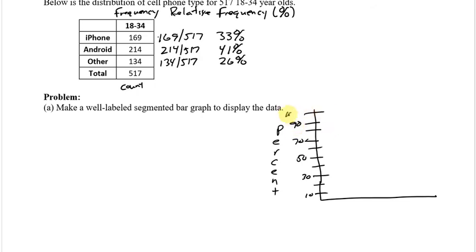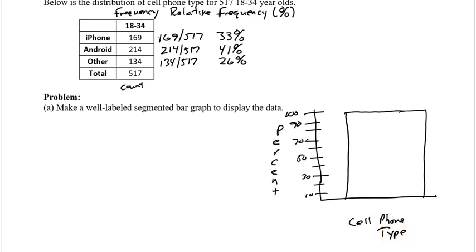This time we make one big bar graph, and it goes all the way to 100%. And it's one bar, and each little spot is going to get its own segment. That's why it's called a segmented bar graph. So first of all, we have to have our label on the bottom here. This would be cell phone type. And we start with the biggest.